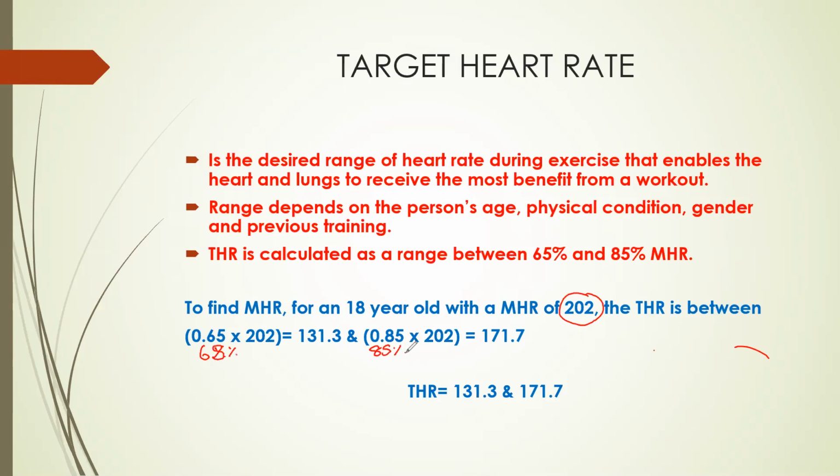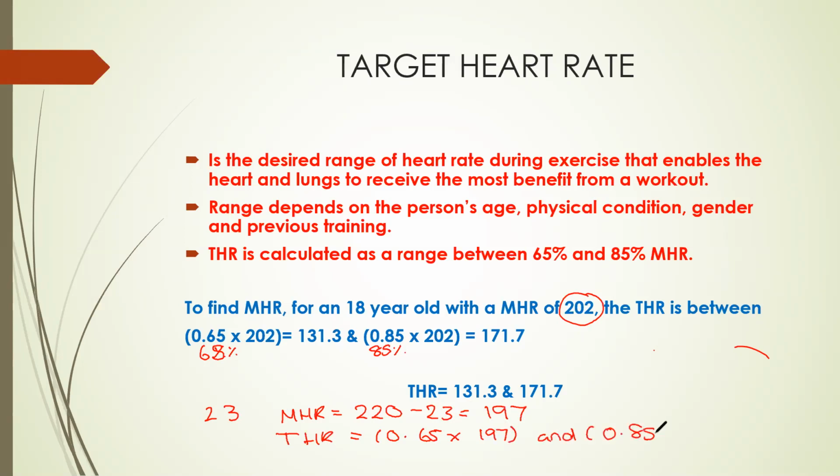If we were to look at my target heart rate, as a 23-year-old, we said that my maximum heart rate was going to be 220 minus 23, which gave me 197. So then my target heart rate would lie between 0.65 times 197 and 0.85 times 197.